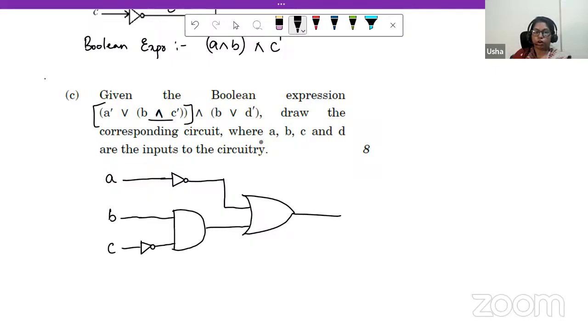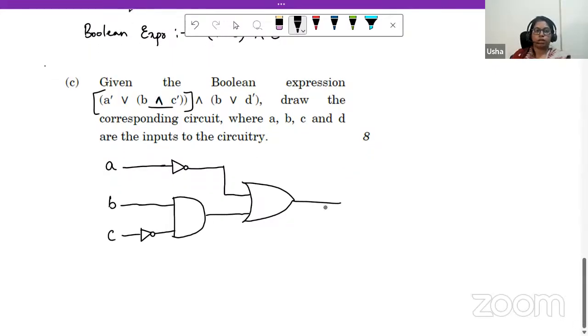And B or D'. So here this one input goes as an input for another AND gate. This is one input, which is this one. With this we have B or D'. So take D and pass it through a NOT gate, and we have to take another OR gate here.